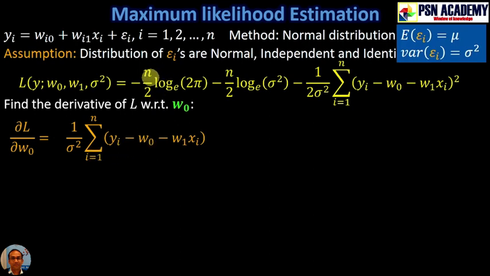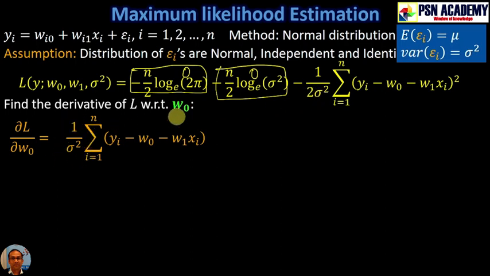See, based on W0 means this part is constant. So it goes to 0. This part is also constant, goes to 0. And this part we have that minus 1 by 2 sigma square.